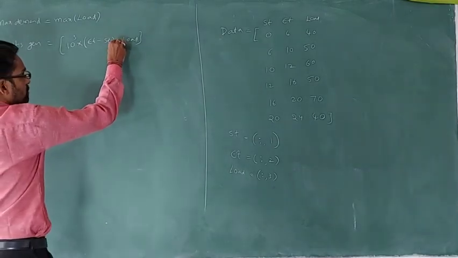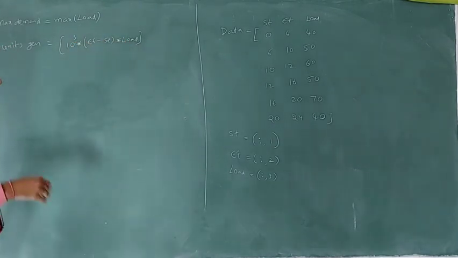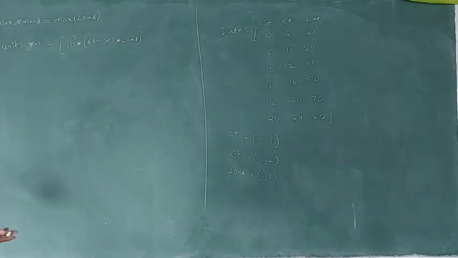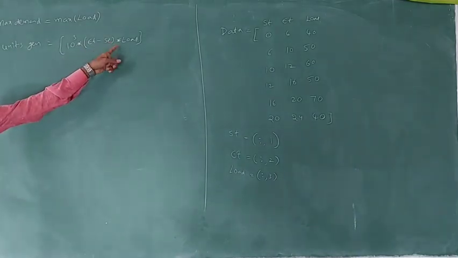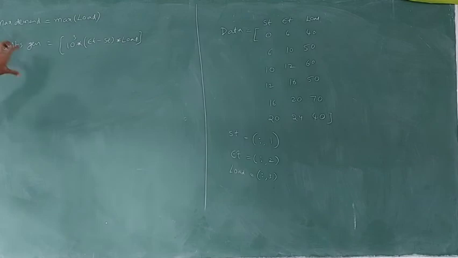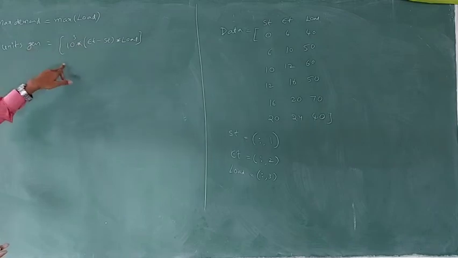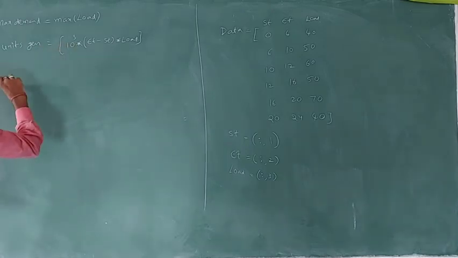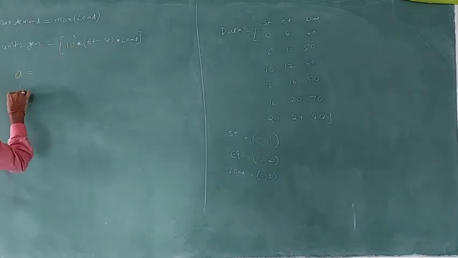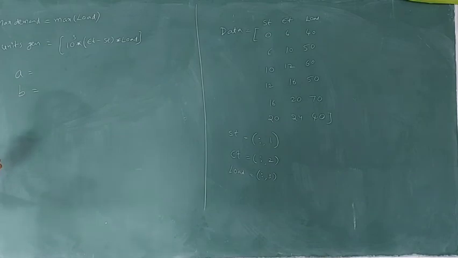This into should be an asterisk in the program. So that is your units generated per day. Why I am considering 10 to the power of 3 here: I have to calculate the units generated per day in kilowatt hours. That is why I have considered 10 to the power of 3. And then we have to give the input values for A and B.